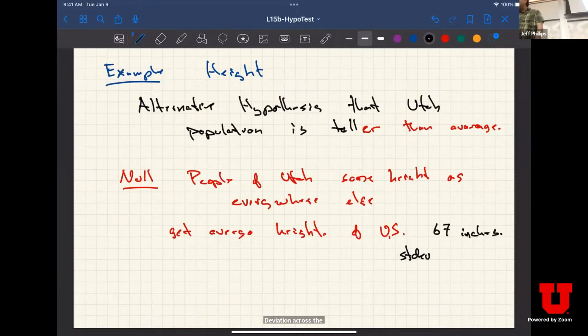I'll say this is about 5 inches. Okay, the standard deviation is about 5 inches, right? And now, okay, good. Let's say this is all the data I have. How would I turn this into a probability distribution?